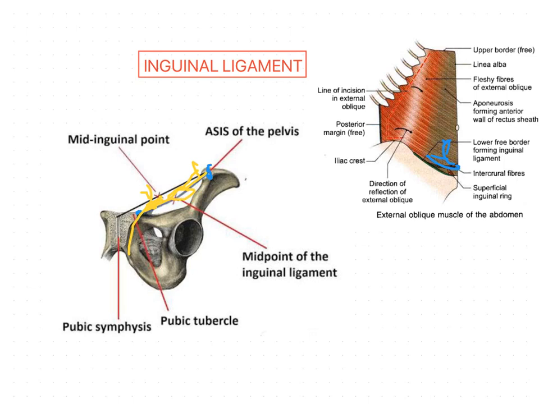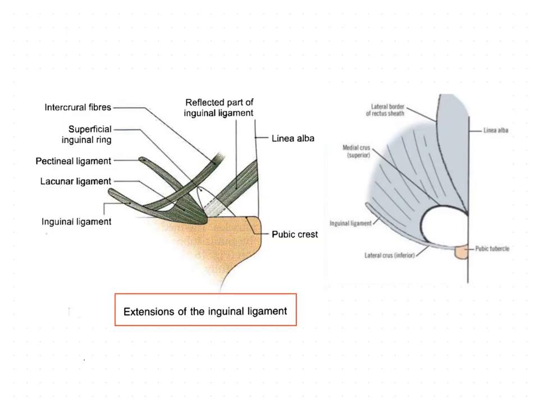Now coming to the extensions of this inguinal ligament. One is the pectineal part of the inguinal ligament, which is called the lacunar ligament.